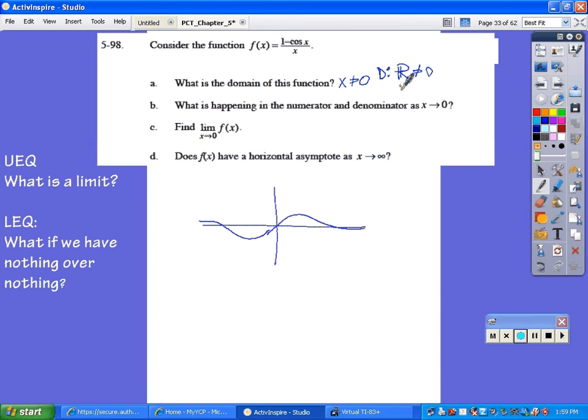What is happening in the numerator and denominator as x goes to 0? So 1 minus cosine of x as x goes to 0. Well, cosine of x is 1. 1 minus 1 is 0. So this should be approaching zero.